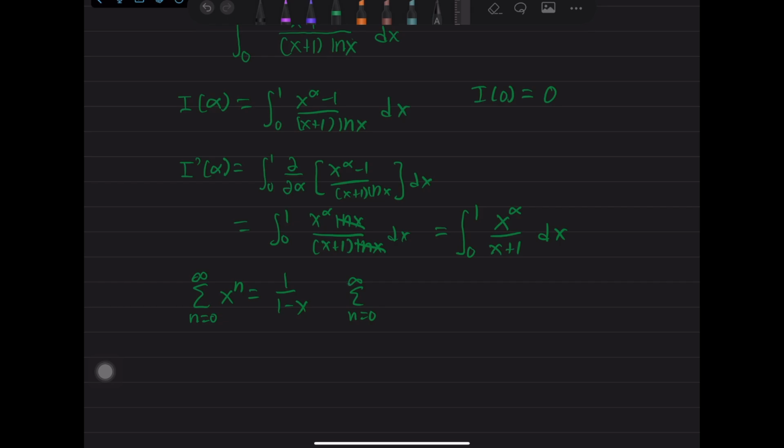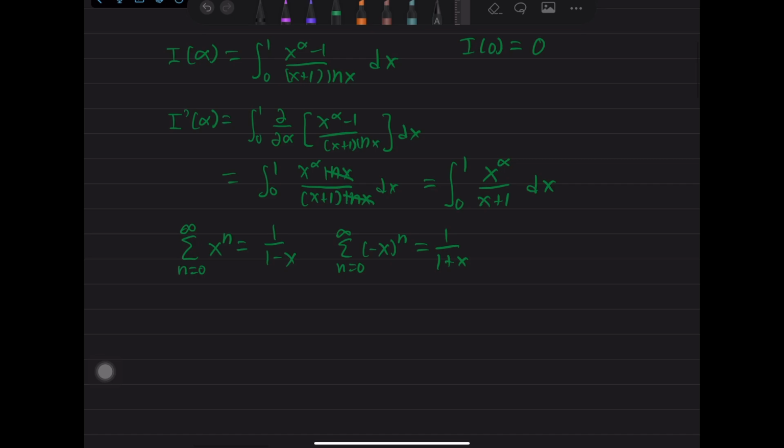So we can use that to know that the sum of negative x to the nth is equal to 1 over 1 plus x. So we can rewrite this integral now as the integral from 0 to 1 of x to the alpha, and we'll use this geometric series, from n equals 0 to infinity of negative x to the nth dx.